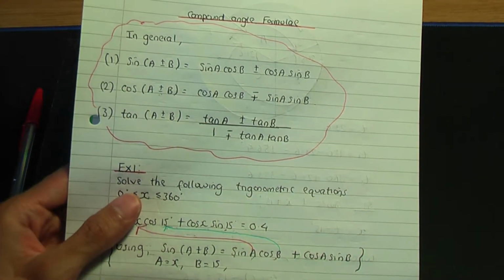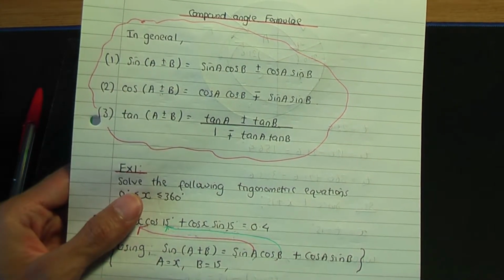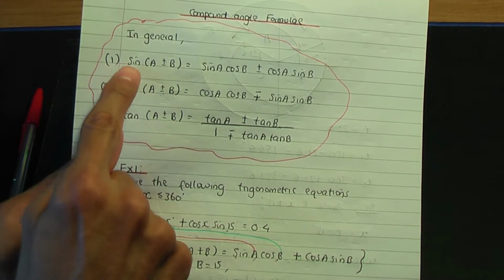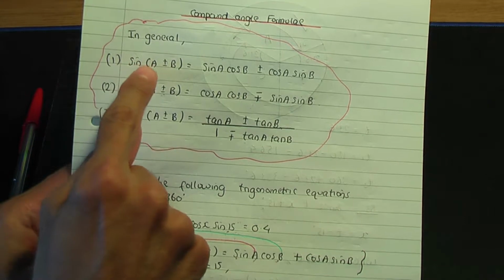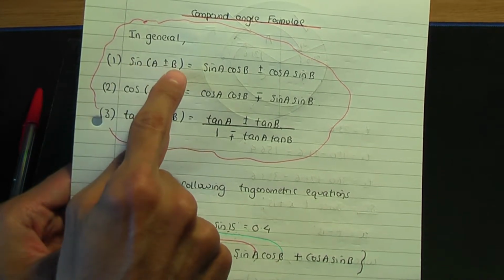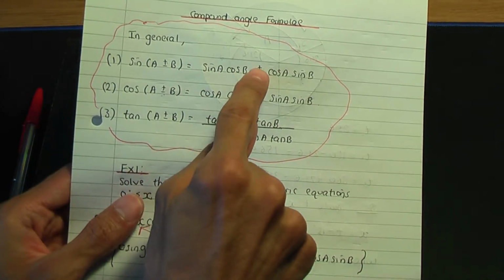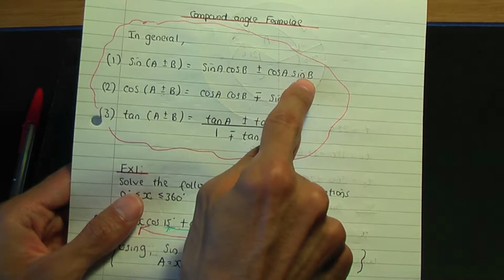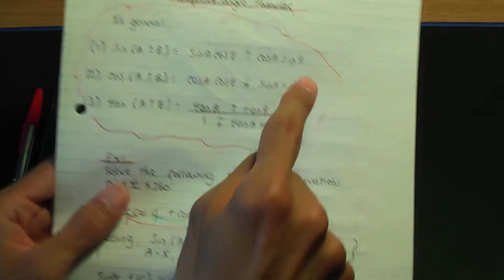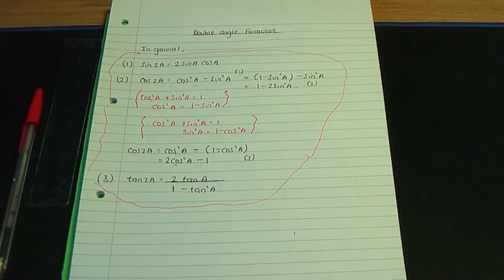To get the double angle formulae, what you simply do is replace the B by A. So sine A plus B, if you replace B by A, is sine 2A, and sine 2A will be sine A cos A plus cos A sine A, which gives you 2 sine A cos A, the first double angle formula for sine.